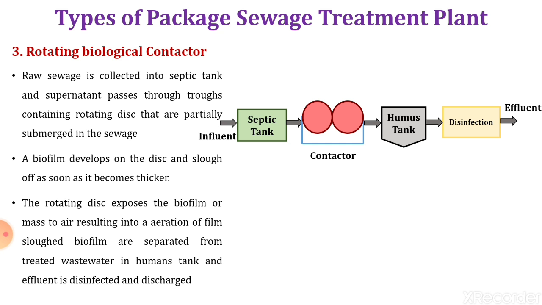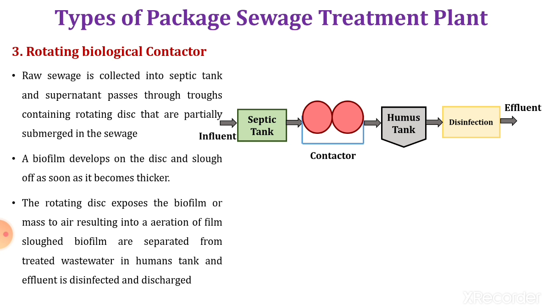When the discs are rotated, the portion which was in contact with the wastewater will get exposed to the air, and continuously the aeration or the oxygen requirement will be supplied or maintained.